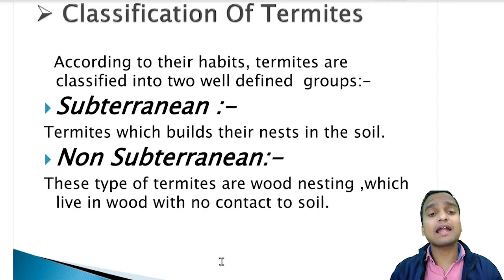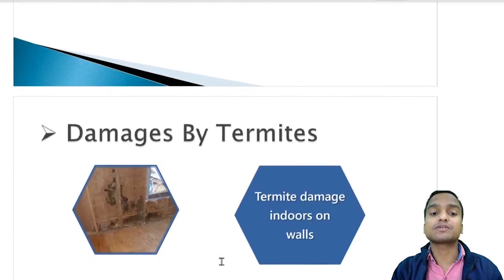And there are non-subterranean termites, who are also known as dry termites. These types of termites are wood nesting, living in wood with no contact with soil, or in wood which is almost dry in most seasons. These two types of termites are the most common and mostly present in building structures.